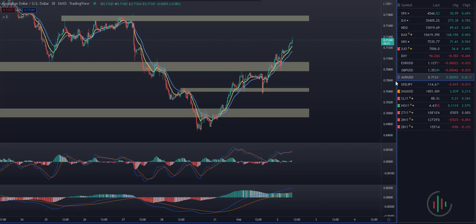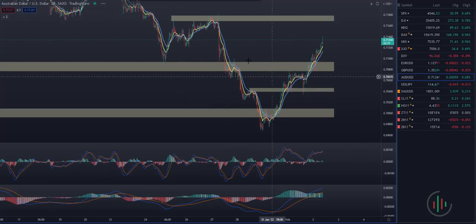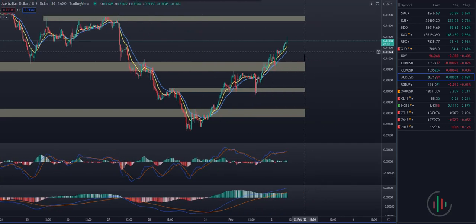So over to the Aussie. That's powered on. Okay, we had a big sell-off there. It's powered up. I think a lot of it will be positioning because of some strength into the Aussie because of the RBA rate rises. The US dollar has been weak, which has obviously been supportive of that move up in the Aussie. But I think also there's a lot of expectation that the RBA will be forced, because inflation's high, into rate rises sooner rather than later.